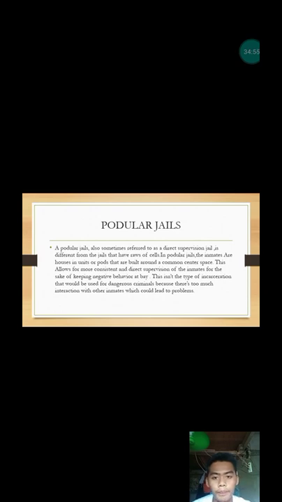The podular jail is made for criminals who can avoid too much problem, because too much interaction with other inmates is dangerous for dangerous criminals.